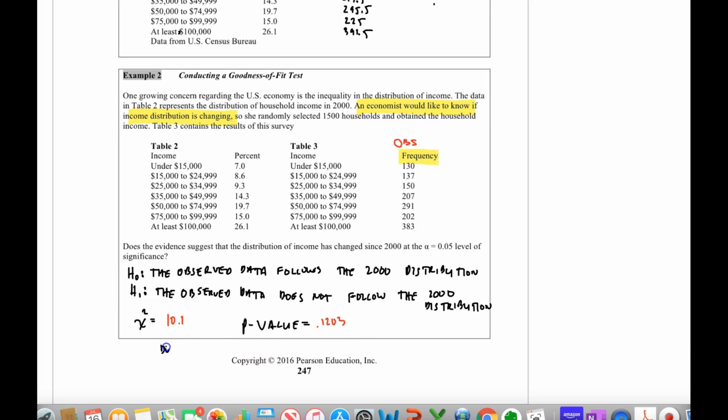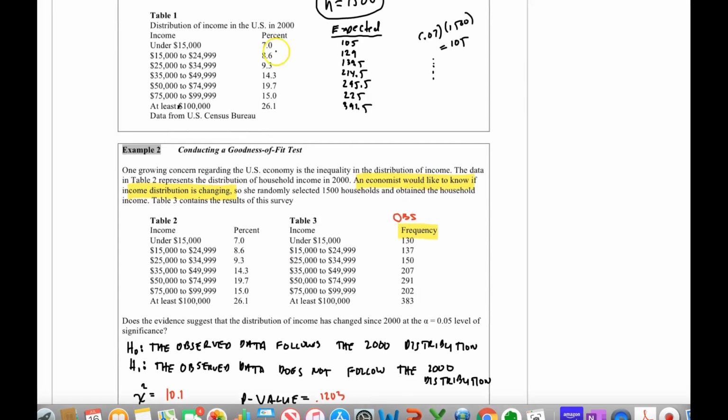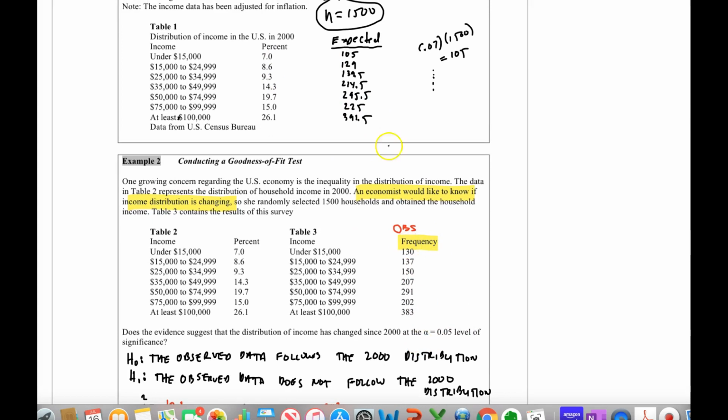Do not reject H0 since 0.1203 is greater than 0.05, right? So we don't have significant evidence to say that this has changed, right? It does not differ. We would say it kind of matches up. There's enough evidence to say that what we observe matches up to what we would expect to observe.